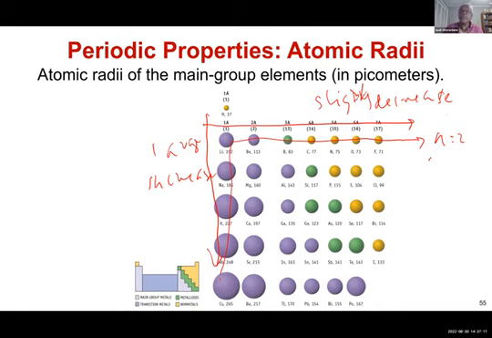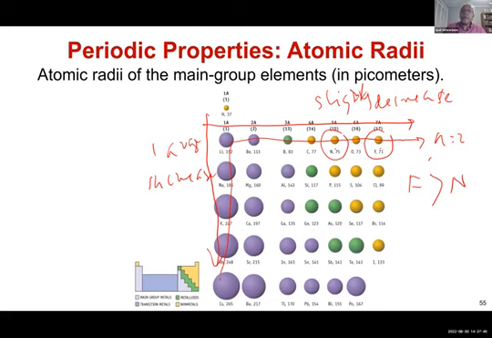If someone asks you, fluorine here, nitrogen here, which atom is bigger, fluorine or nitrogen? Nitrogen is bigger than fluorine. Why is that? Going across the period, atomic size slightly shrinks. The numbers speak for themselves. Going down a group, atomic number increases.